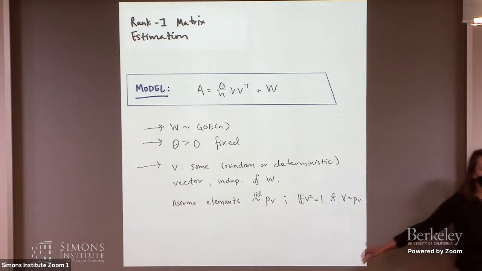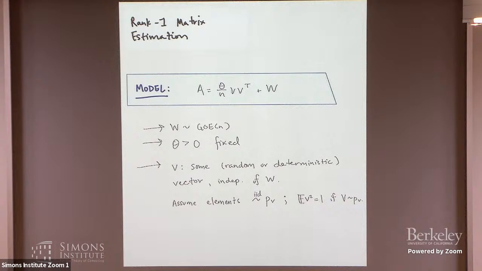If I have a capital V distributed as PV, then it has independent entries. Okay, so it's clear? We're good. Right, so I have A, and I want to determine V.